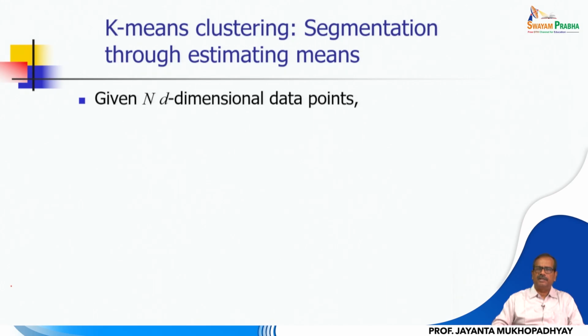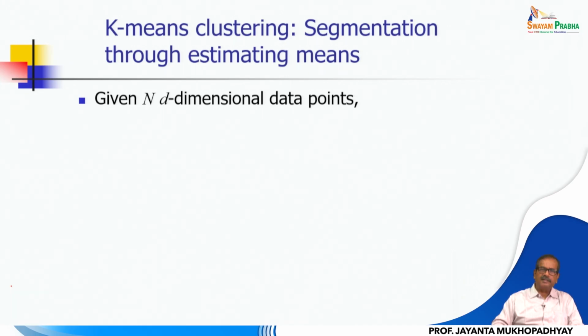That itself is also a kind of partitioning. So clustering techniques can also be used for segmentation, and k-means clustering is a very popular and very simple technique for such data partitioning.